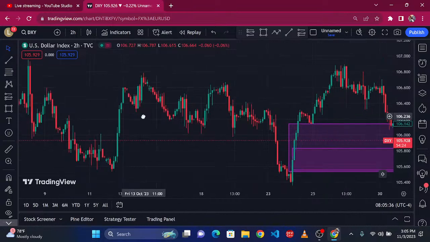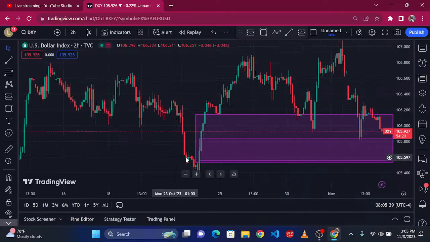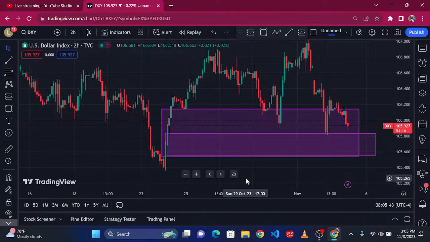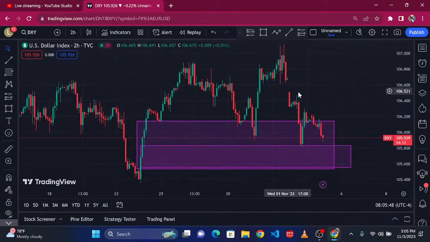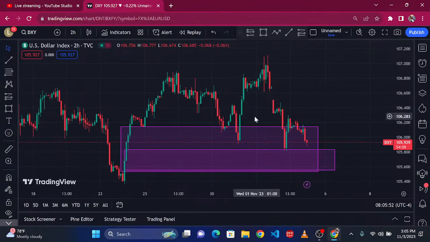So if the market leaves the gap, it probably comes back. The gap is like a fair value gap. Okay, a fair value gap is this one. So even this one is also called a gap. And always the market has to cover its gaps that it leaves behind and fair value gaps also.